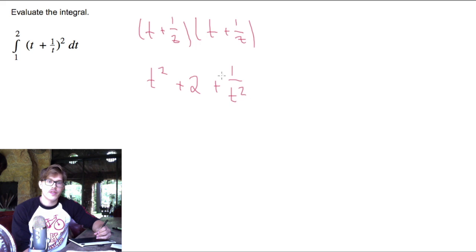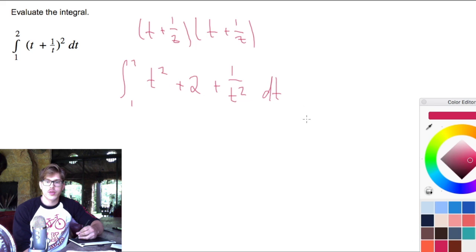Alright, so we need to find the integral from 1 to 2 of t squared plus 2 plus 1 over t squared. So let's get started on this. Well, let's separate this single integral into 3 separate ones.